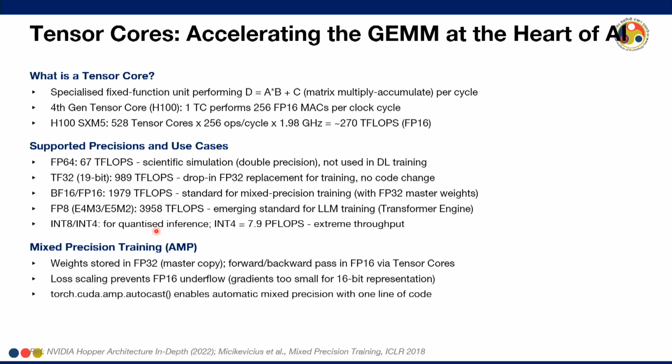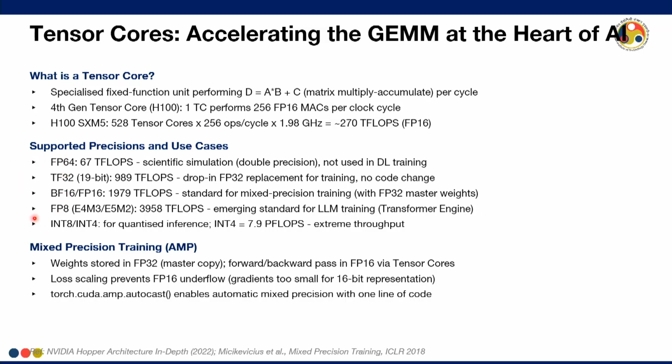We were talking about mixed precision because when we do the training, obviously we have so many such data types at our disposal, right? Floating point full precision, double precision FP64, TF32 which is 19 bits, FP32, BF16, FP16, FP8, INT4, INT8 and so on and so forth.